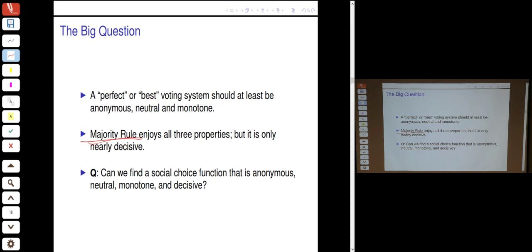So the question is, can you find a social choice function that is even better, and satisfies not only the first three properties of being anonymous, neutral, and monotone, but also the fourth property of decisiveness? So not merely nearly decisive, but fully decisive.